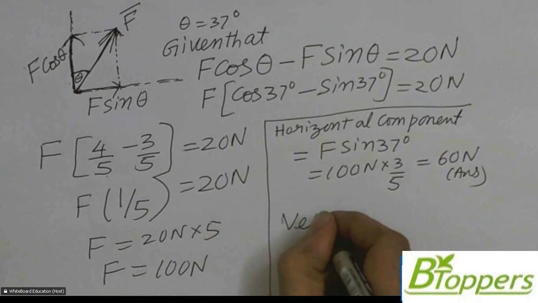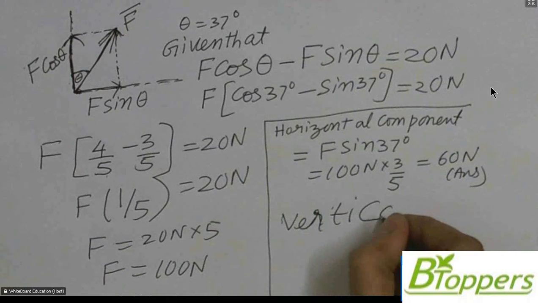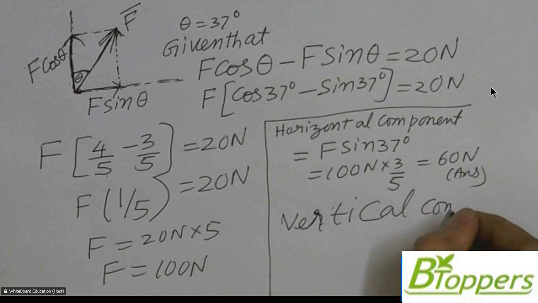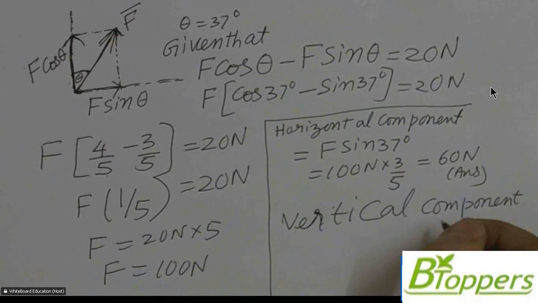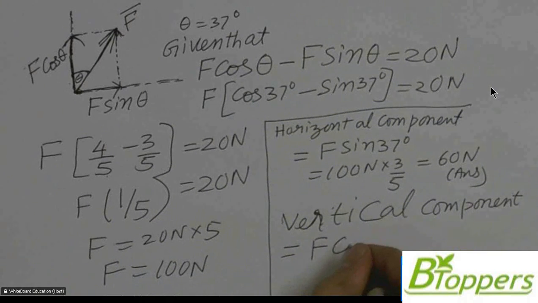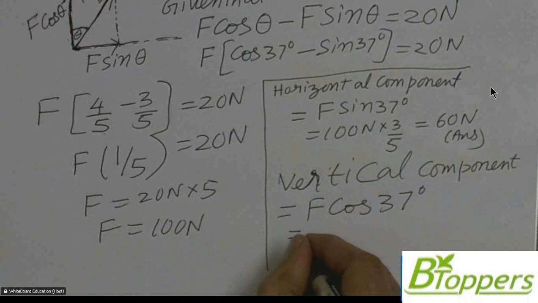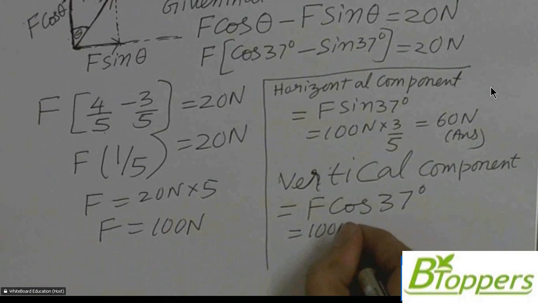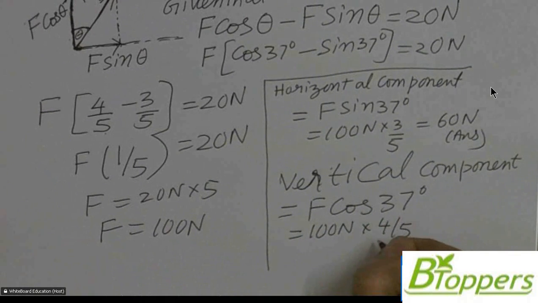So magnitude of the vertical component of the force will be equal to F cos theta. Here theta is 37 degrees. So we got F equal to 100 Newton and cos 37 degrees equal to 4 by 5.